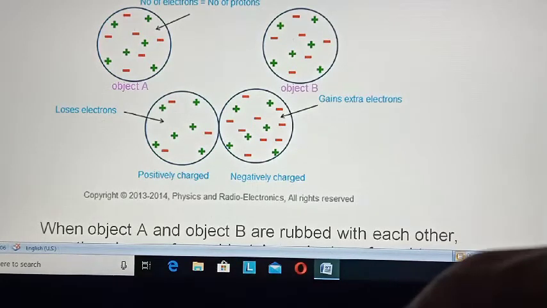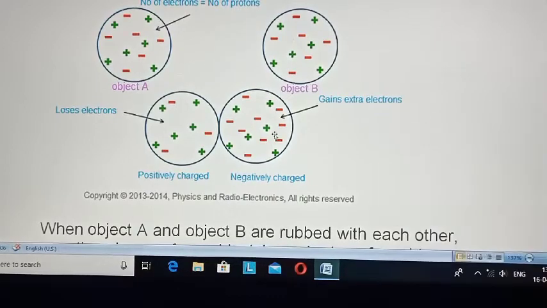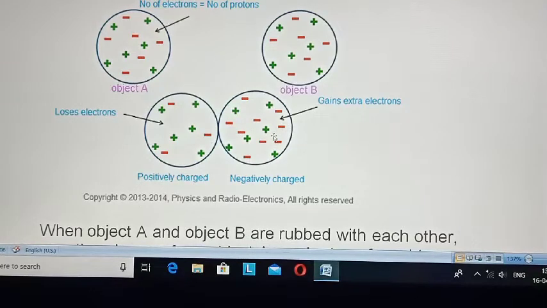So before rubbing also it is 0, after rubbing also it is found to be zero. So charge is conserved. So if you take the real example, like already we have discussed the electrification, and in that we took the example of glass and silk.